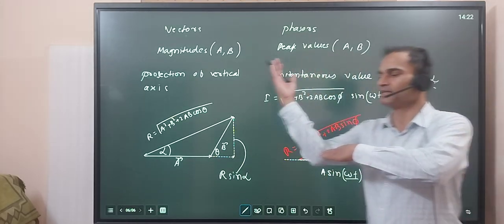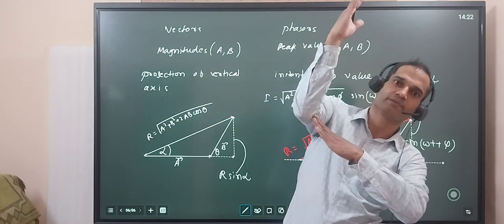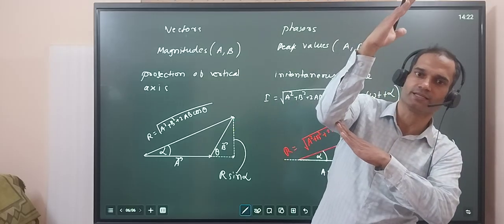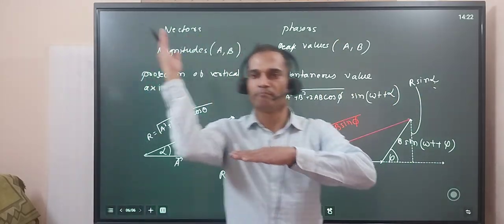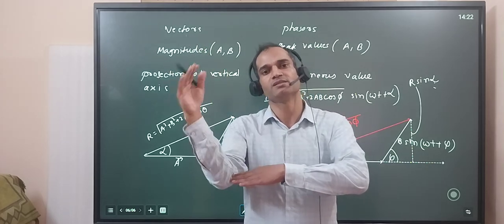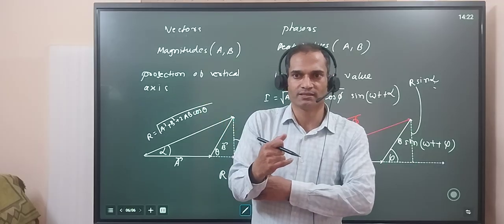Suppose these are two vectors and both are rotating by 90 degrees, the angle between them still remains the same. Their resultant magnitude will still be the same. What will be different then?